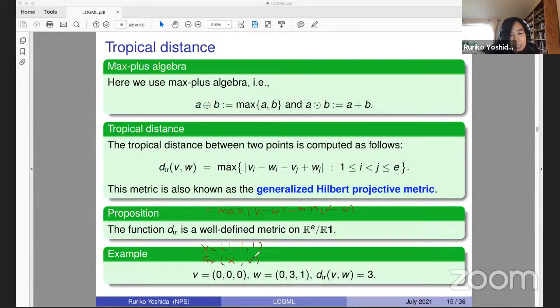You can see that this is equal to 0. If x and b are different vectors, that is not a metric, because in order to be a metric, the distance is equal to 0 only if it is the same vector.